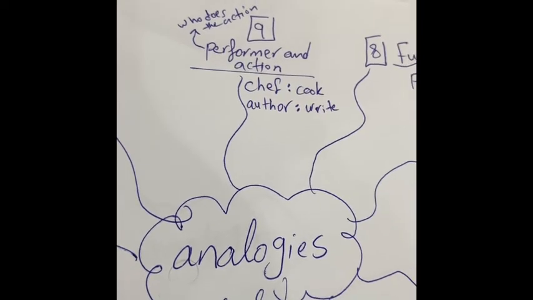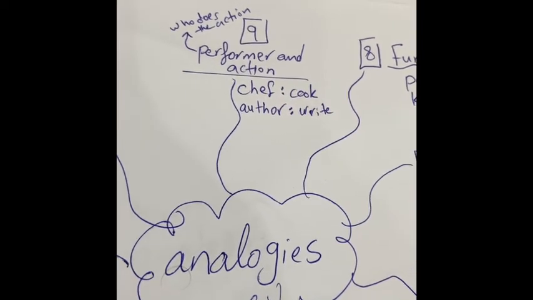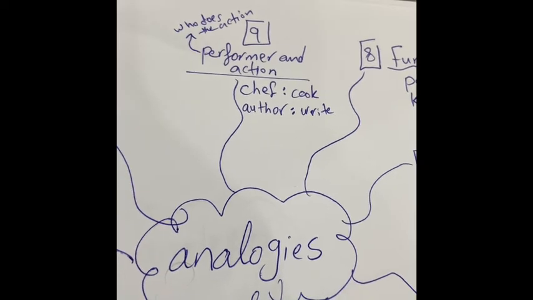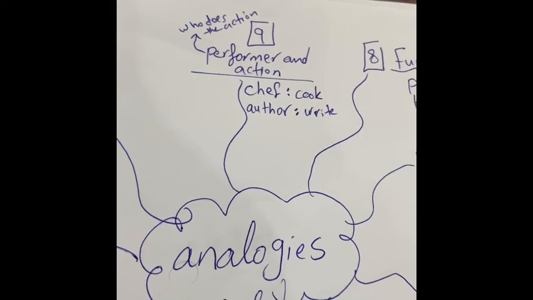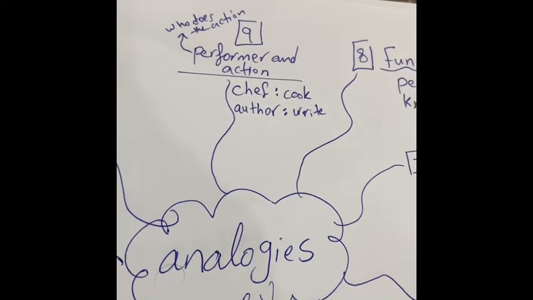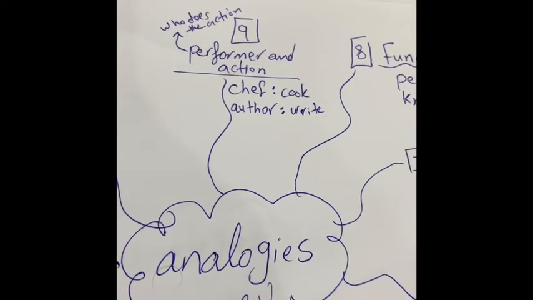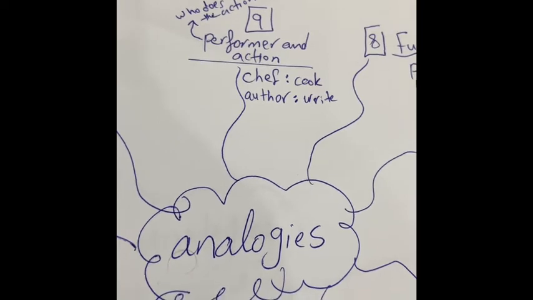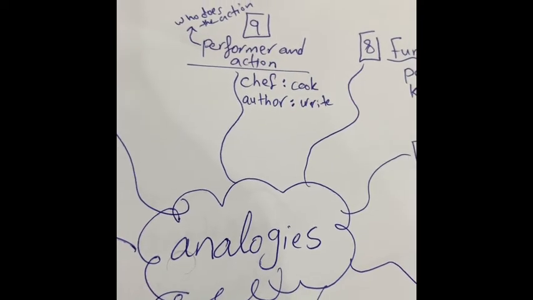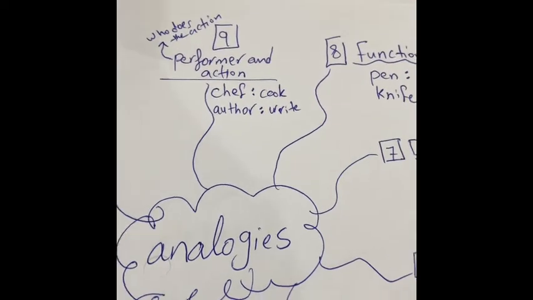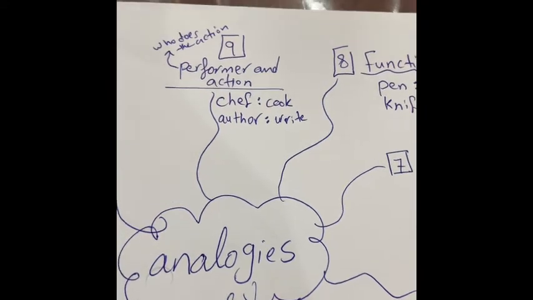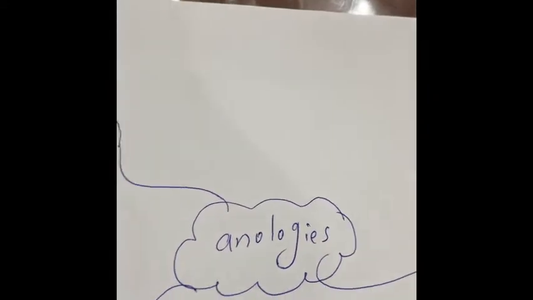What's his action? He cooks. And the author, what's his action? He writes stories. You can give more examples, like teacher and teach. Teacher and teach have the analogy of performer and action. So this is the ninth kind of analogies.